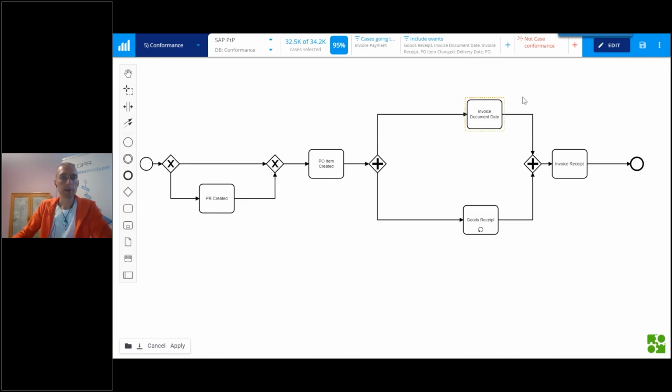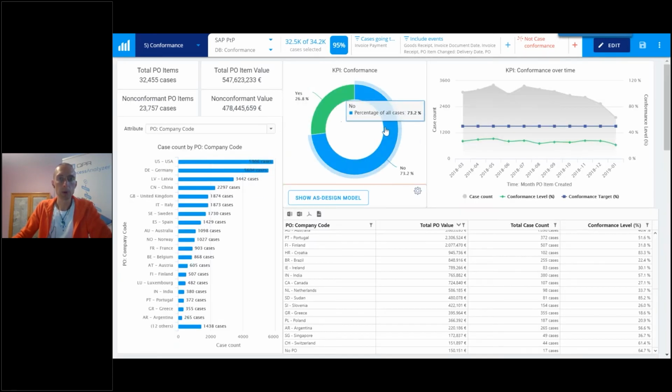Okay, so this is the design model, and with this design model we can see that the KPI conformance is 26% of the cases, and 73% are not conformant. And we see the trend lines.